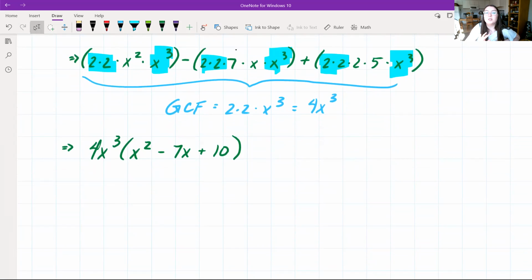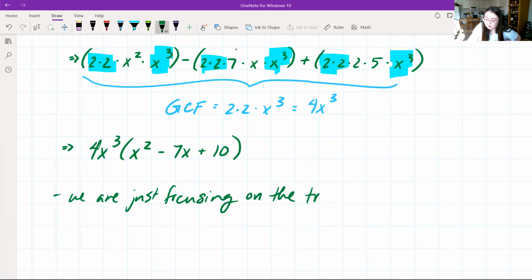So now we are just focusing on the trinomial. So we have x squared minus 7x plus 10.